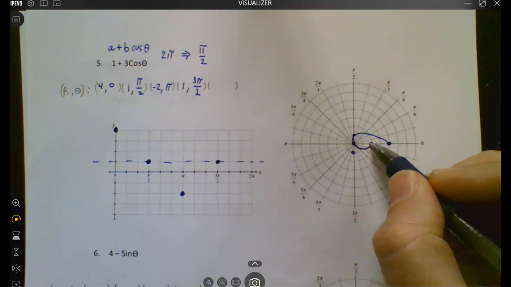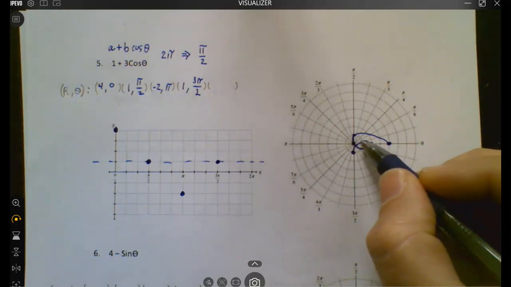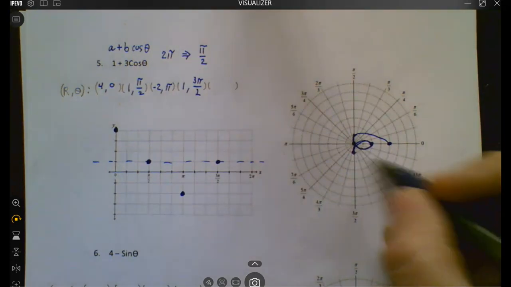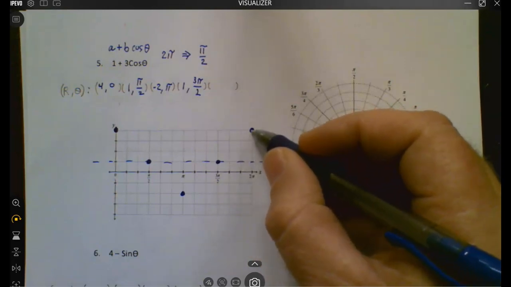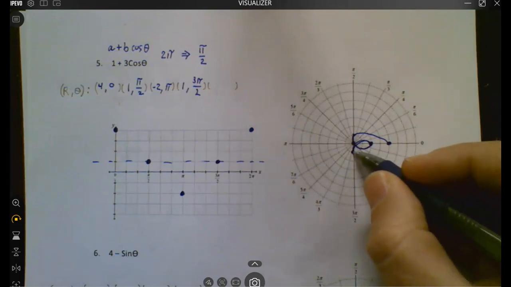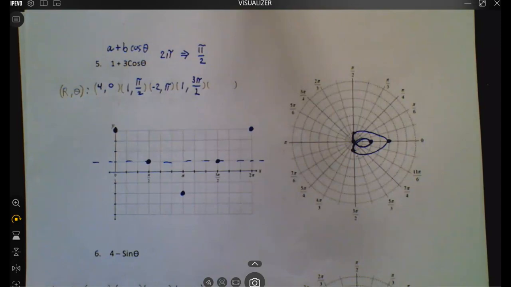So my next move goes like that. Poorly drawn. There we go. So my next move goes here. Guess where we're going on the final move, right? So at 2 pi, I'm back to my max of 4, which is right there. So to finish this one off, we're back here. So an ugly loop, sorry, but you get the idea.